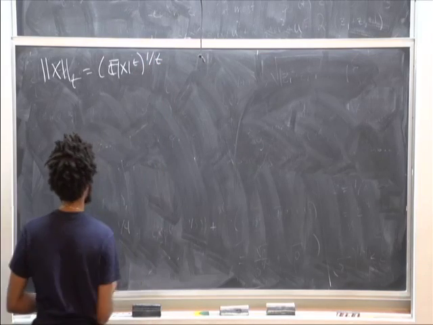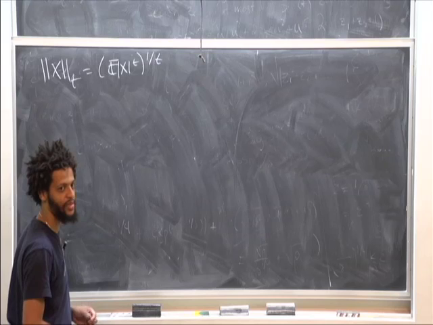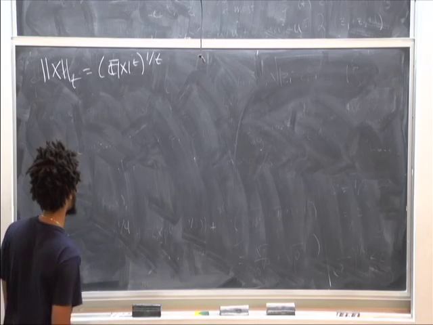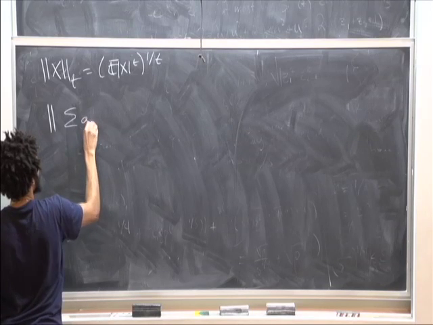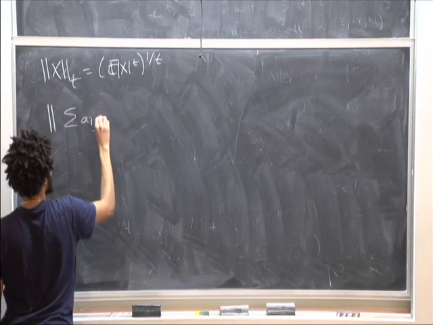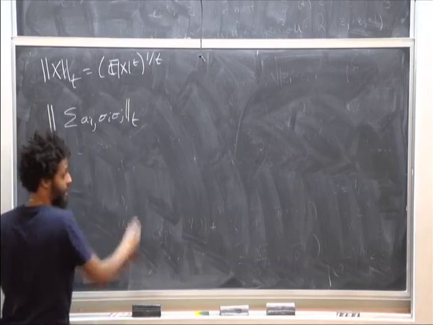I'm going to show you this proof because I feel like there are ideas in it that are very useful for things we do in CS all the time. So we have the sum of aij, sigma I, sigma j. It's a moment bound. We want to bound the t-th moment.